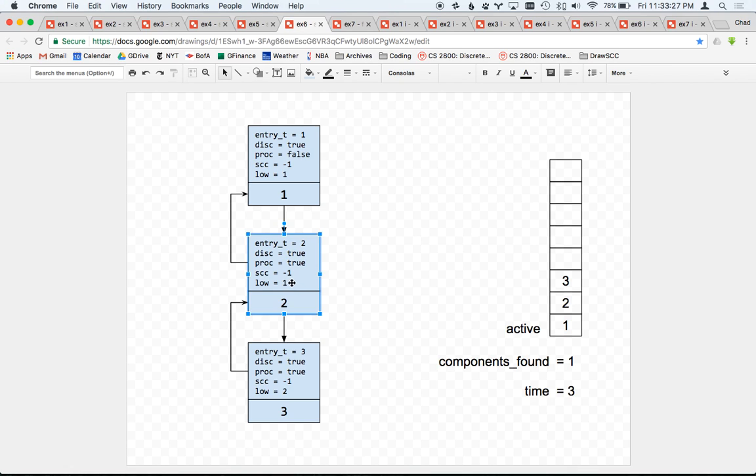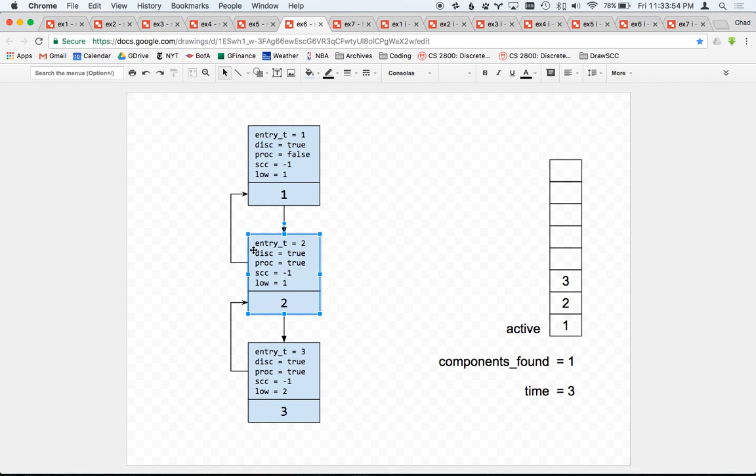If there had not been a path back to vertex 1, then the earliest vertex that we could have reached from vertex 2 would have been itself, which would have meant that 3 would have been cut off from 1. And that's the only way, really, that 3 could be cut off from 1, because we know that from 3 you can get to 2, right? So the only way that 3 could have been cut off from 1 is the case where you can't get from 2 back to 1, right?